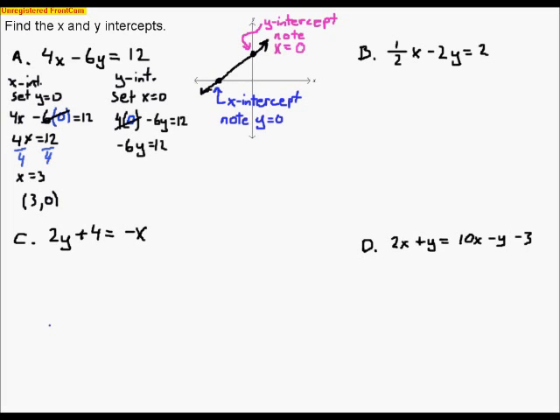Divide by that negative 6 on both sides. And that gives me my y value. And that'll be my answer. Y equals negative 2. But I'm going to write this as an ordered pair just to show you that it is a separate point. So when x is 0, y is negative 2.